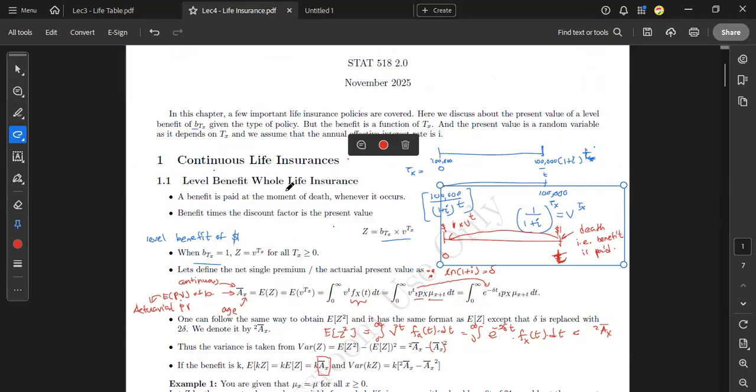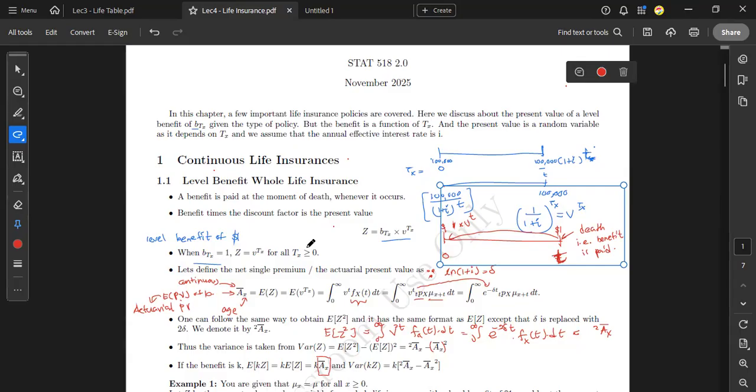And it is whole life because the insurer will pay the benefit to the insured, or the customer, at any time of their lifespan. That is why it's whole life.